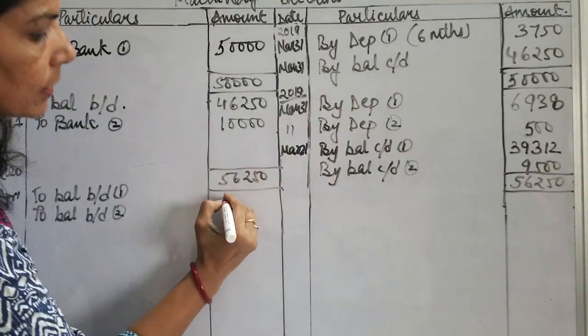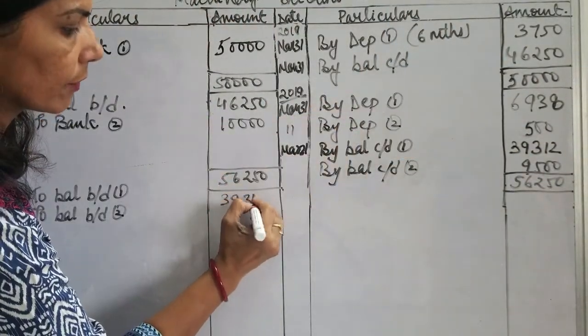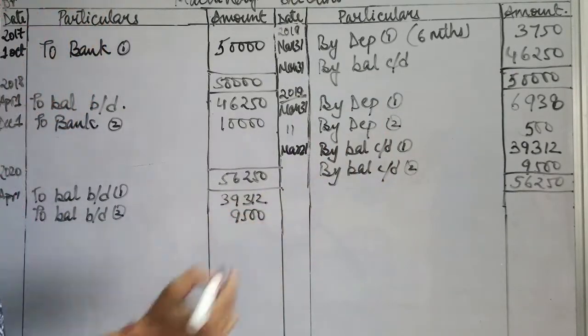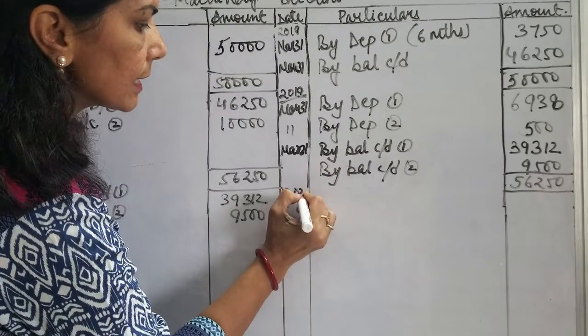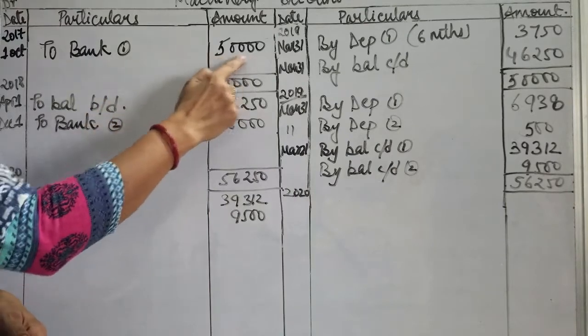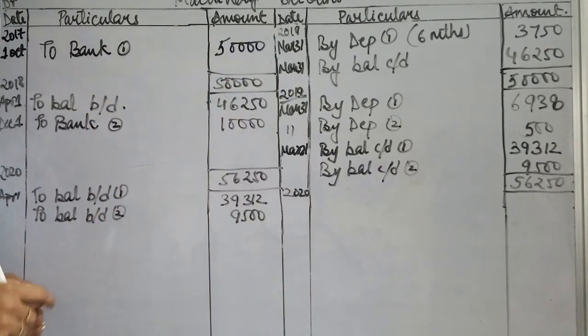Now 39,312 and 9,500. Okay. Now it says that on 31st March 2020, the machinery purchased in 2017 was sold at a loss of 5,000. Okay.